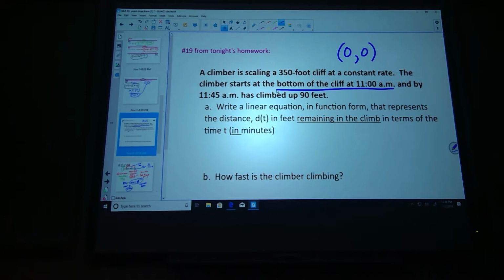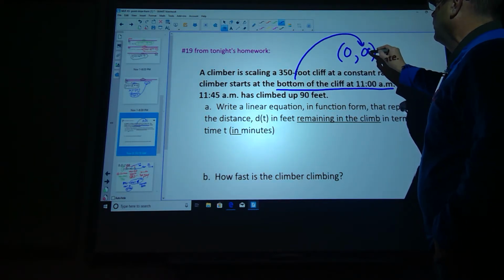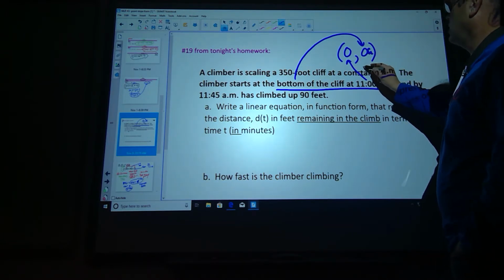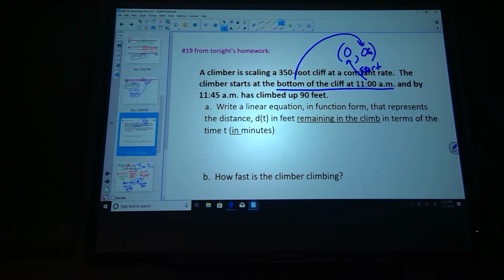If he was at the bottom, we can have that be 0 feet up. That's his start. I could put 11 in there if I wanted to, but I'd rather call it 0. That's a starting point, right?